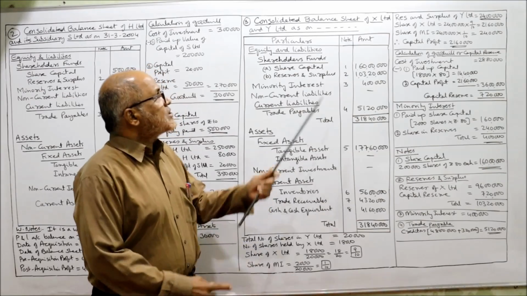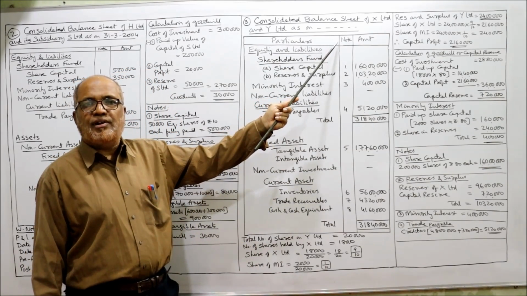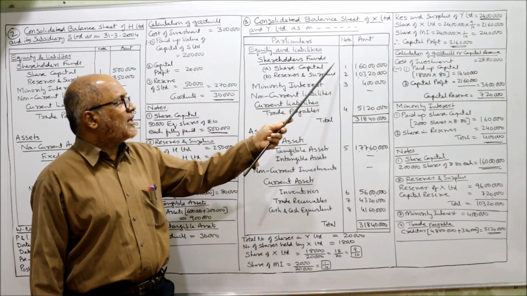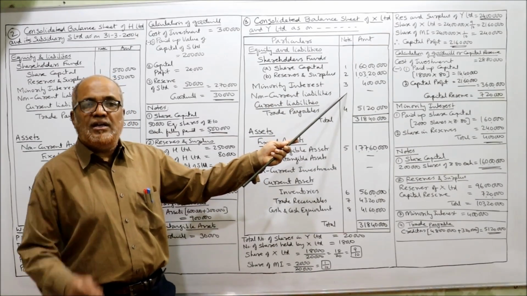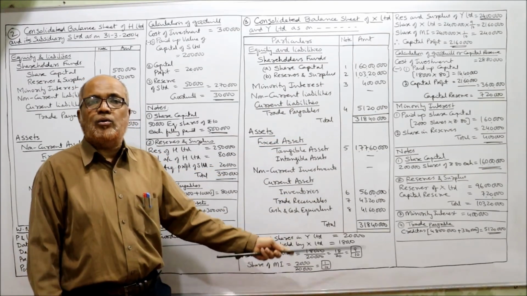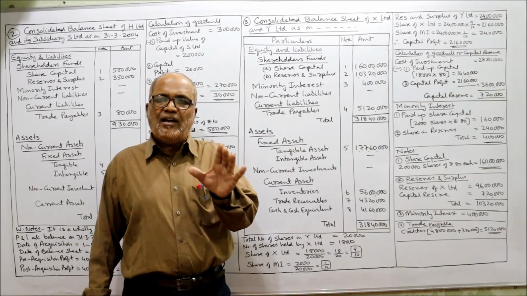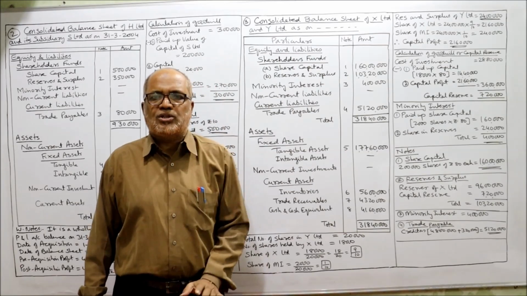Now see here. First of all, we will make a blank balance sheet, the consolidated balance sheet of X company and its subsidiary Y company as on. Now equity and liability, shareholders' fund, share capital number 1, reserves and surplus number 2. Then minority interest number 3. Here we have minority interest. We have to find out how much is the total. So before finding out the amounts, first you have to make a complete blank balance sheet format.